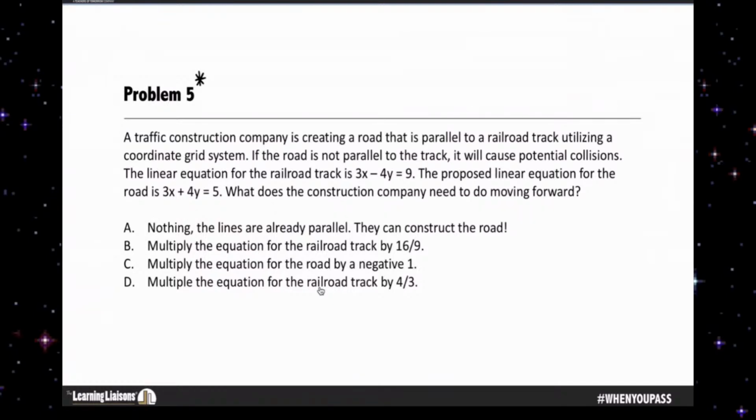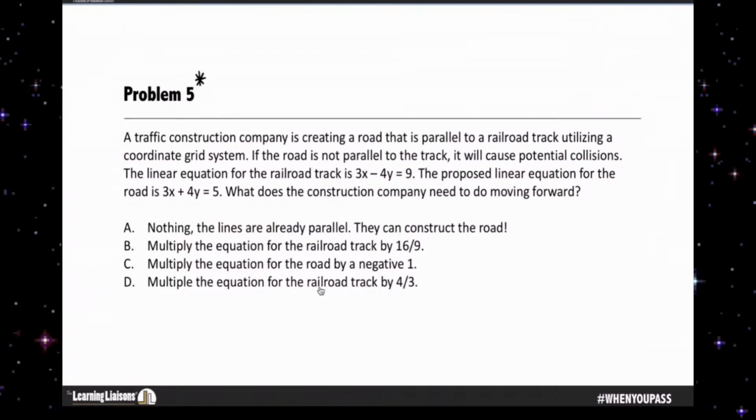If the road is not parallel to the track, it will cause potential collisions. The linear equation for the railroad track is 3x minus 4y equals 9. The proposed linear equation for the road is 3x plus 4y equals 5. What does the construction company need to do moving forward?